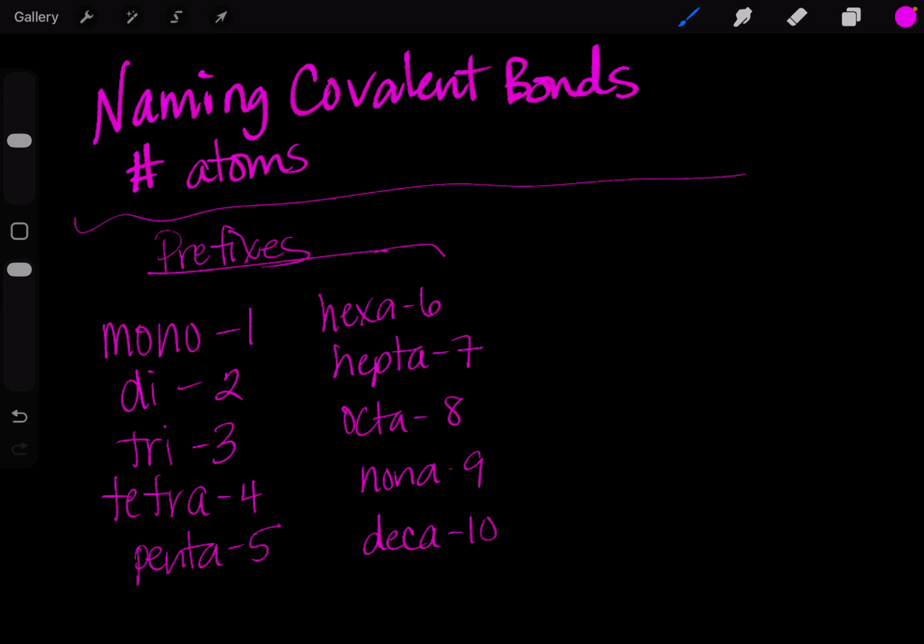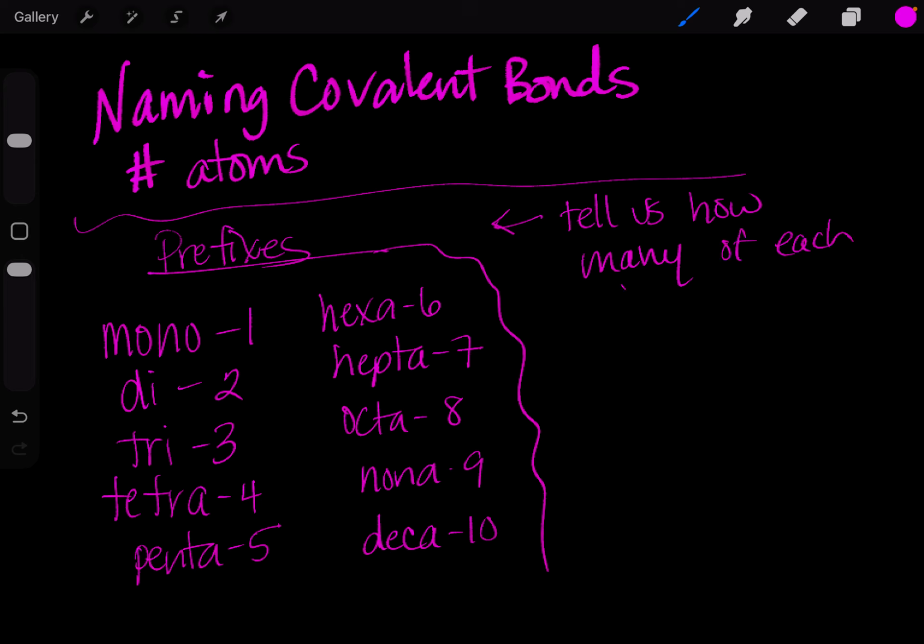Okay, so those are the prefixes that we are going to use. These prefixes tell us how many of each atom is in this molecule.